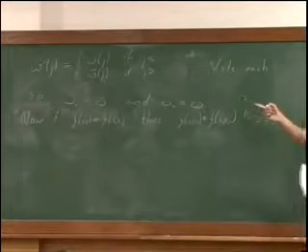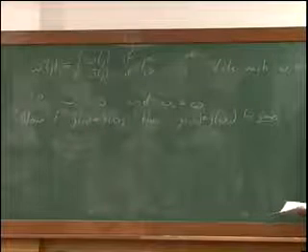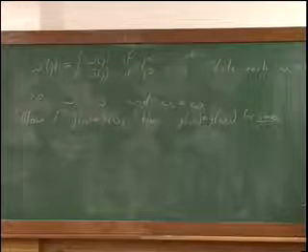The omega I are, of course, not going to be independent, but each of them is going to be uniform on the hypercube.